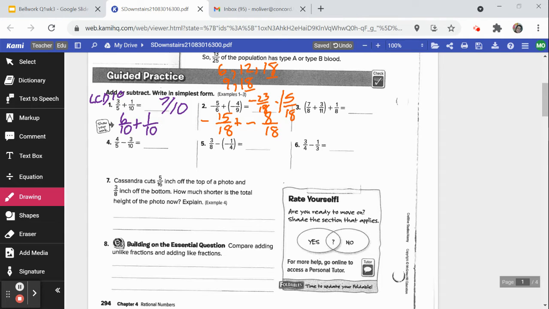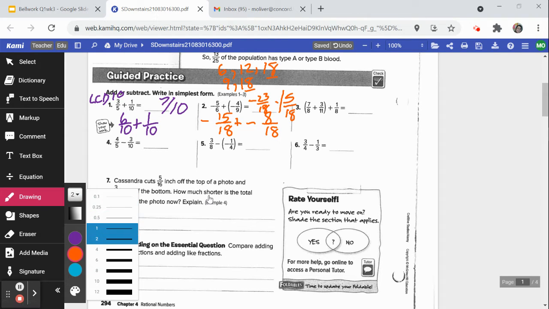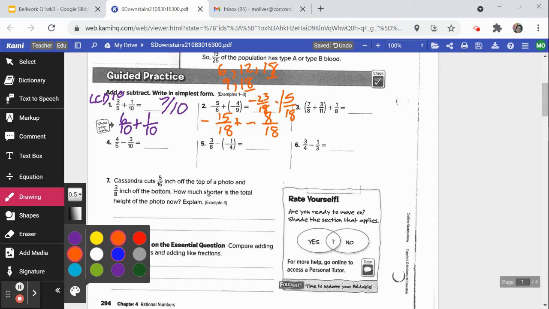Now we have in parentheses 7/8 plus 3/11, and then we got to add 1 more eighth to it. But guess what? If I was to list numbers by 11, I wouldn't get a number that 8 can go into until I get to 88. So I'm going to rewrite this first one.